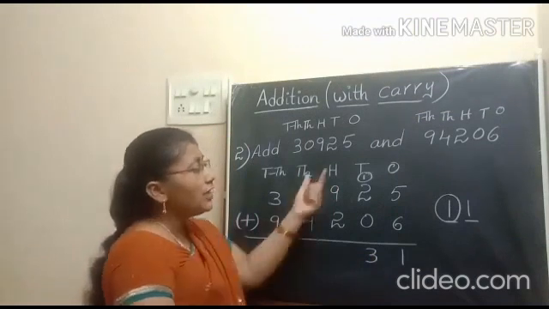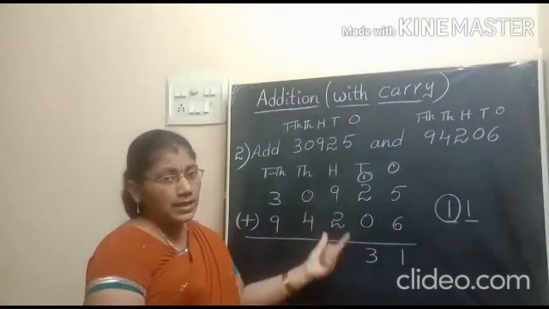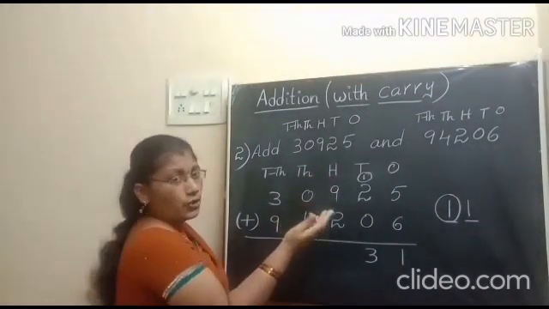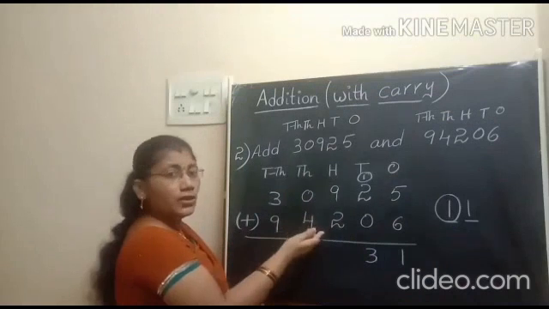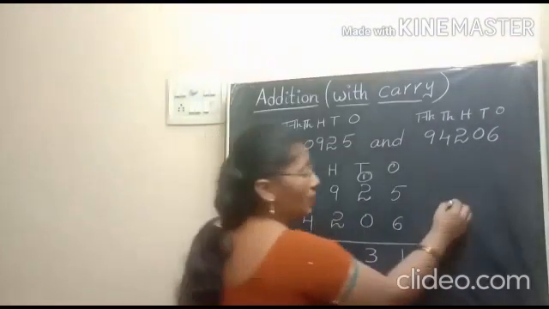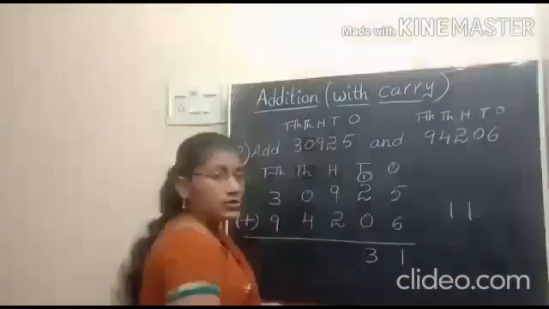Next, we should add the digits in the hundreds place. Now add these. Is there any carry? No. So simply add these two digits. 9 plus 2. How much is it? That is also 11.